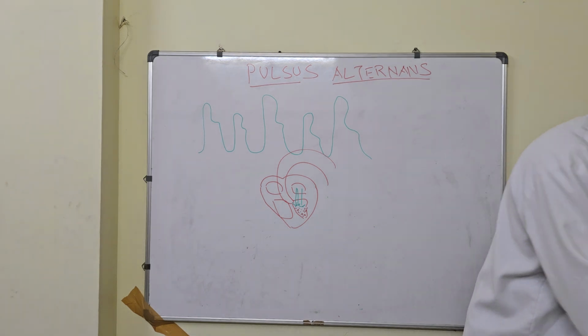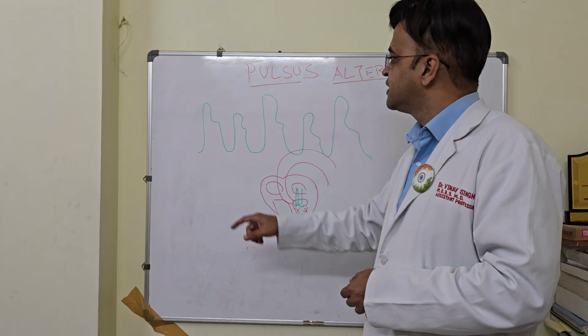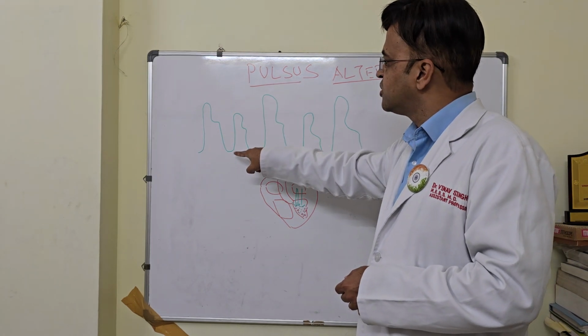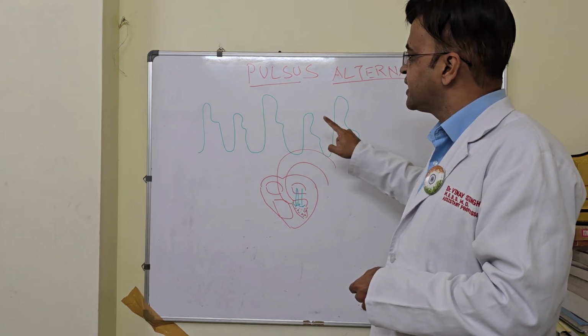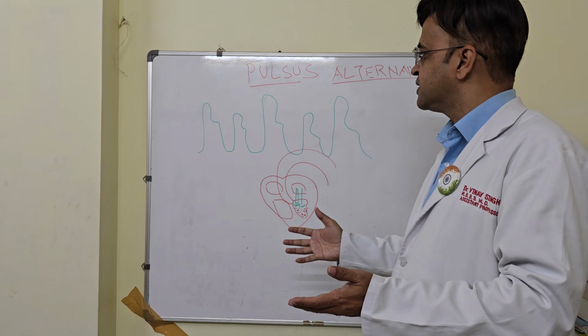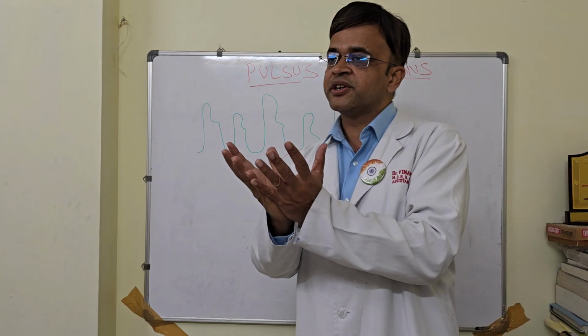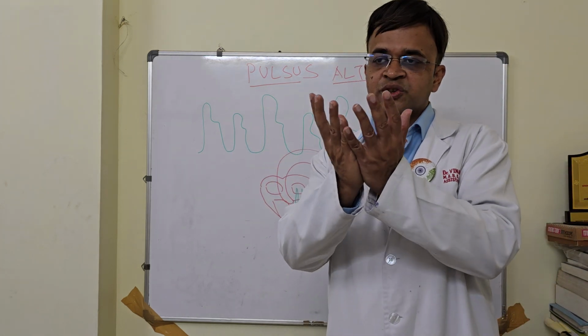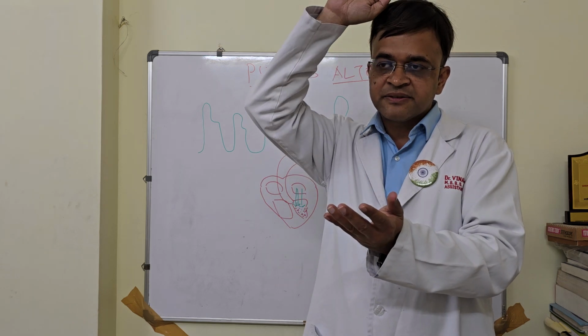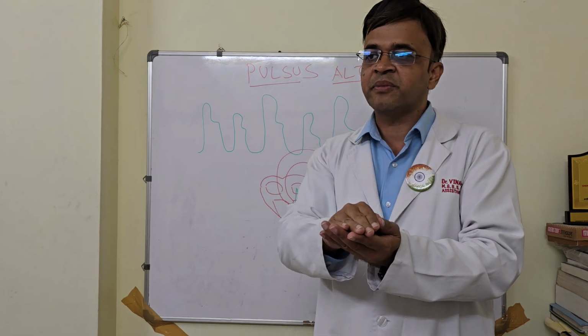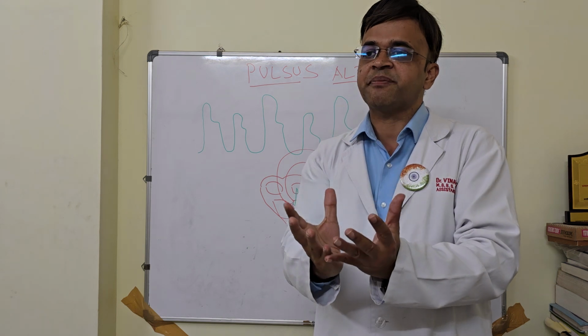This is the simple reason why in pulsus alternans you first get a high volume pulse, then a low volume pulse, then a high volume pulse, then a low volume pulse. The left ventricle is weak, so there is improper contraction and some blood will be left. This ventricle will get extra blood from the atria, so the ventricles will expand.